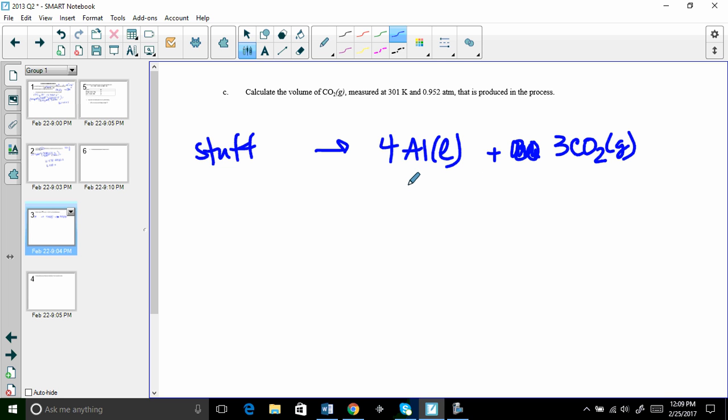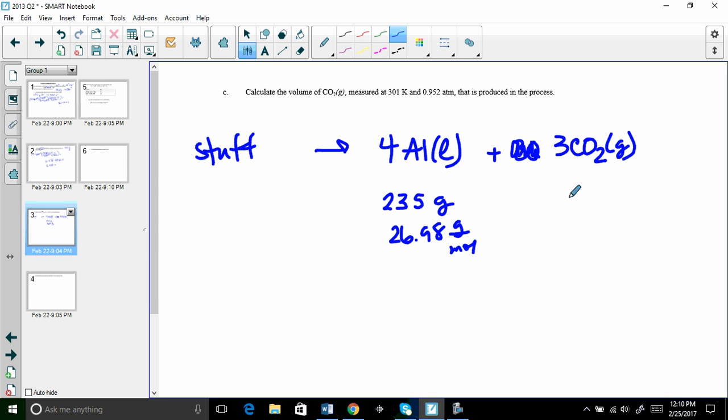And so this question is, how many liters of this would be produced? Well, this would be 235 grams, and the molar mass is 26.98 grams per mole.